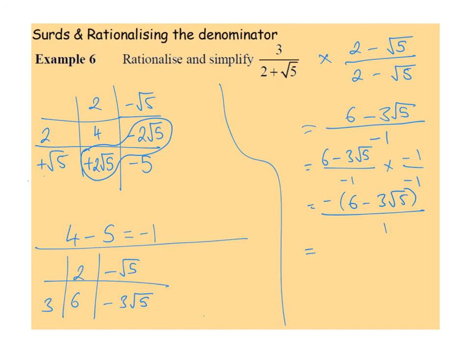Dividing by 1 doesn't change anything, so now I've just got the numerator to expand, which will give me negative 6 add 3 root 5. And I can write that slightly more neatly by making the positive part the beginning. And so I get 3 root 5 subtract 6.